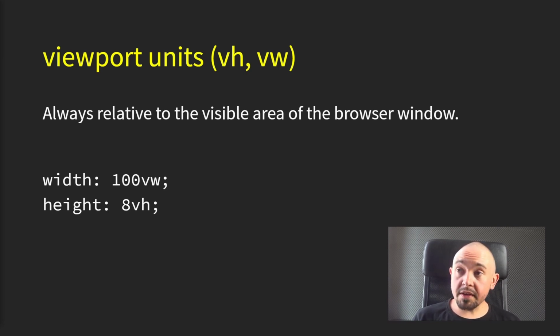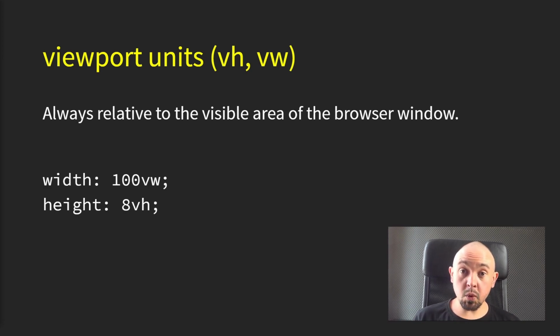So viewport width and viewport height always refer to the browser window on your device, computer monitor, smartphone, or tablet. So if something takes 100 viewport width, it is actually 100% of the width of the browser window. If something takes 8 viewport height, it actually occupies 8% of the browser window height.